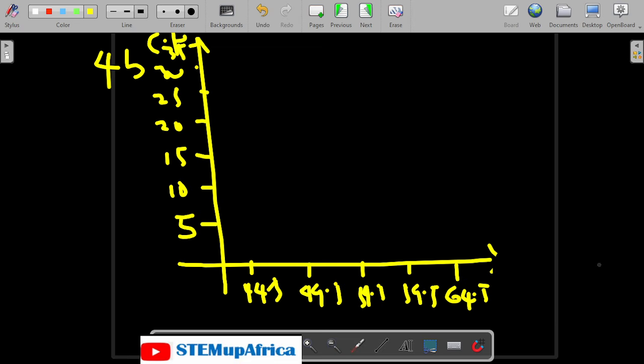Let's continue like that until we get to the number we want, then 69.5.